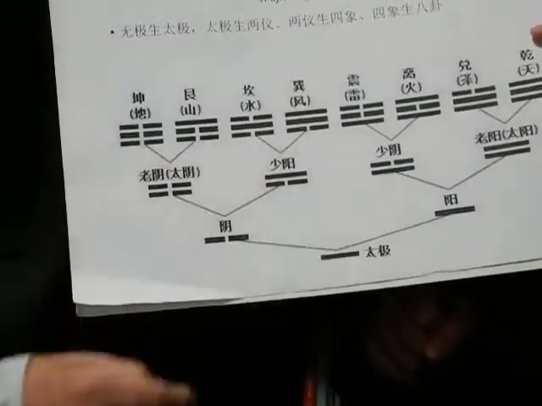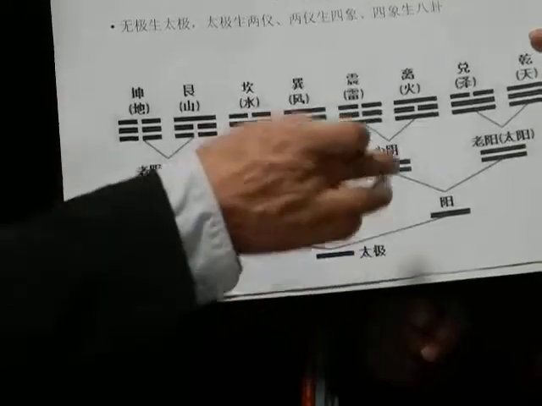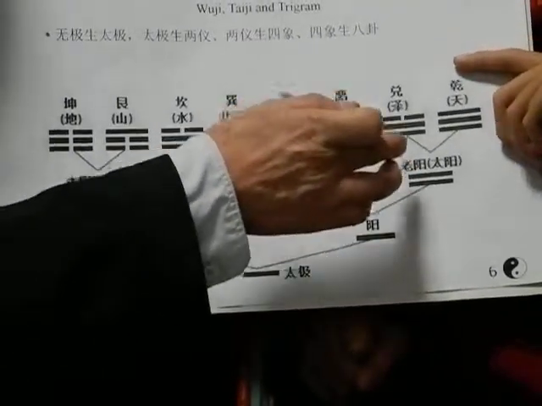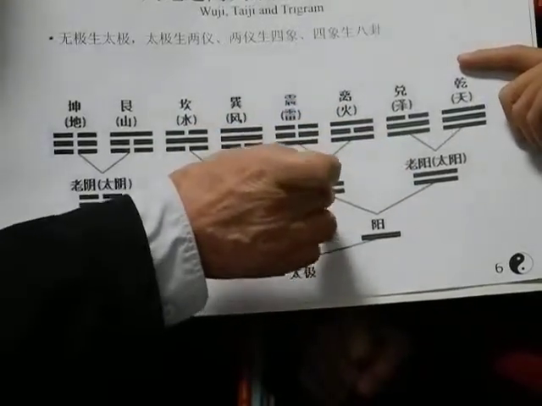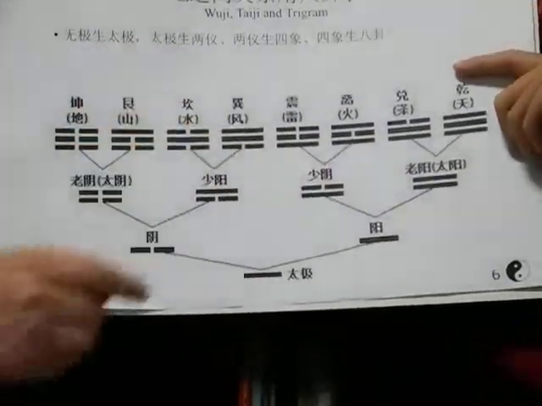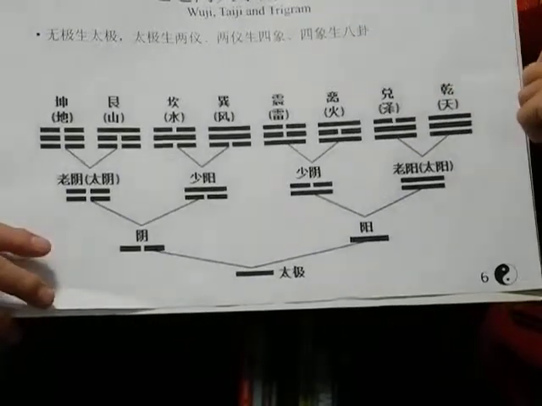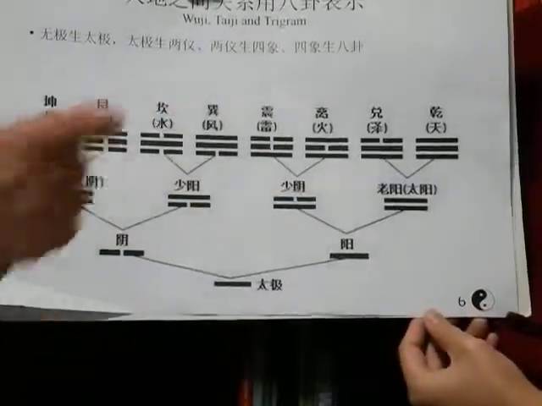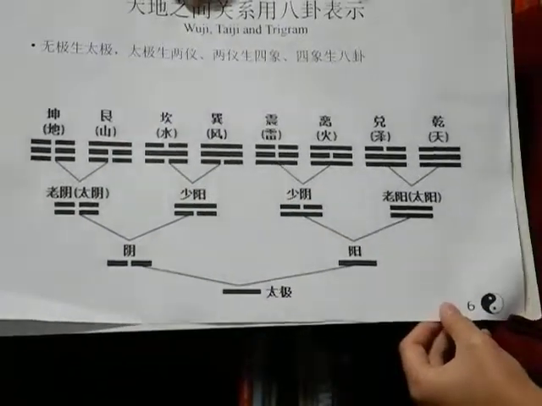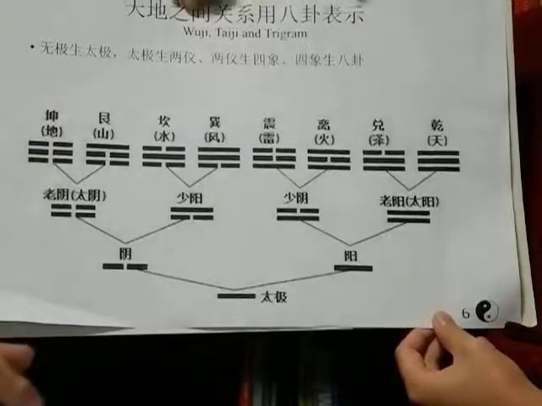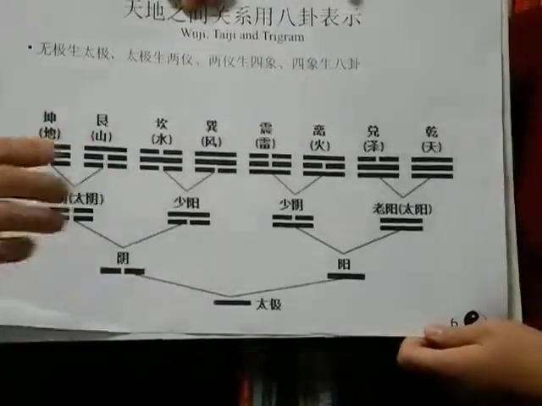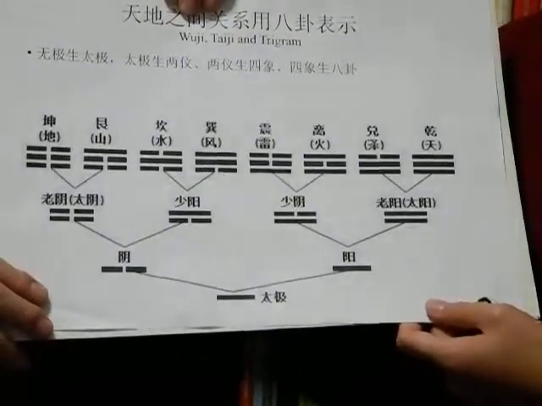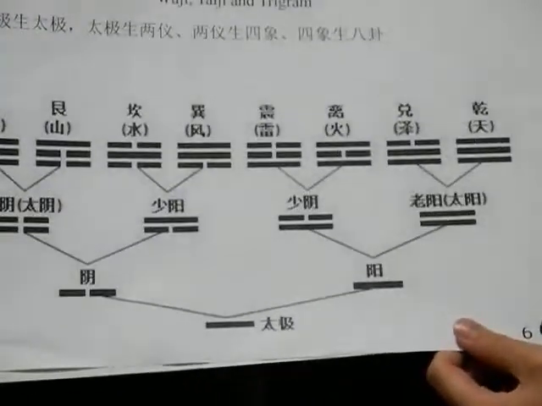Now we will explain to you how the yang pole becomes the 2 phenomena. There is one important concept you must understand, is that the qi comes from the bottom.